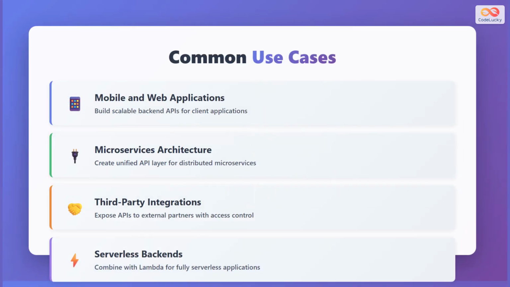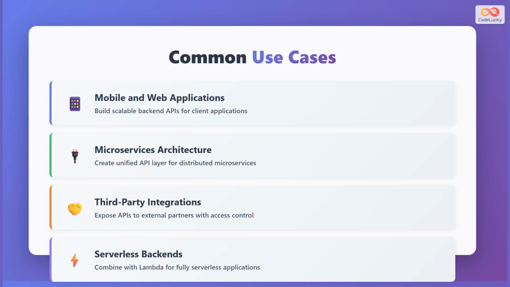API Gateway excels in several common use cases. For mobile and web applications, it provides a scalable backend API infrastructure that can handle traffic spikes and growth seamlessly. In microservices architecture, it creates a unified API layer that aggregates multiple distributed microservices behind a single interface.